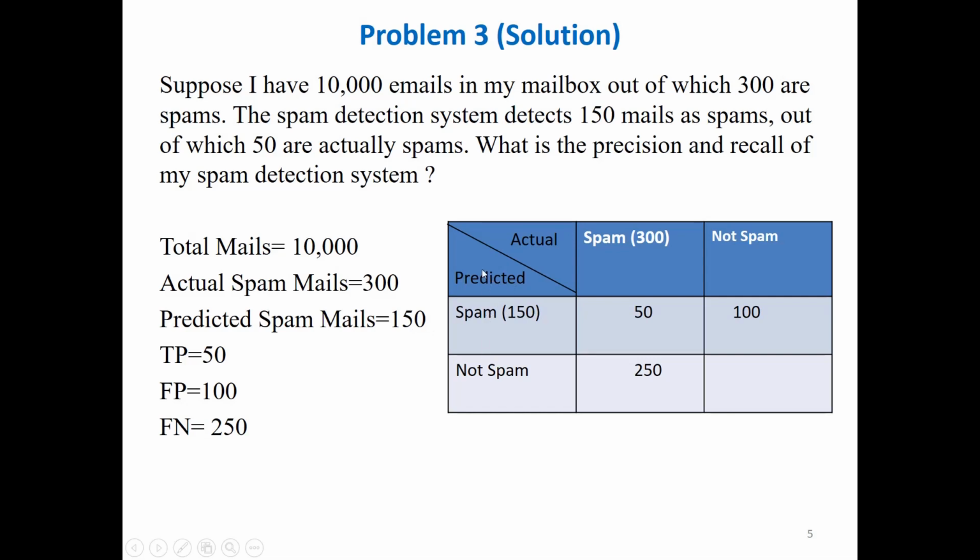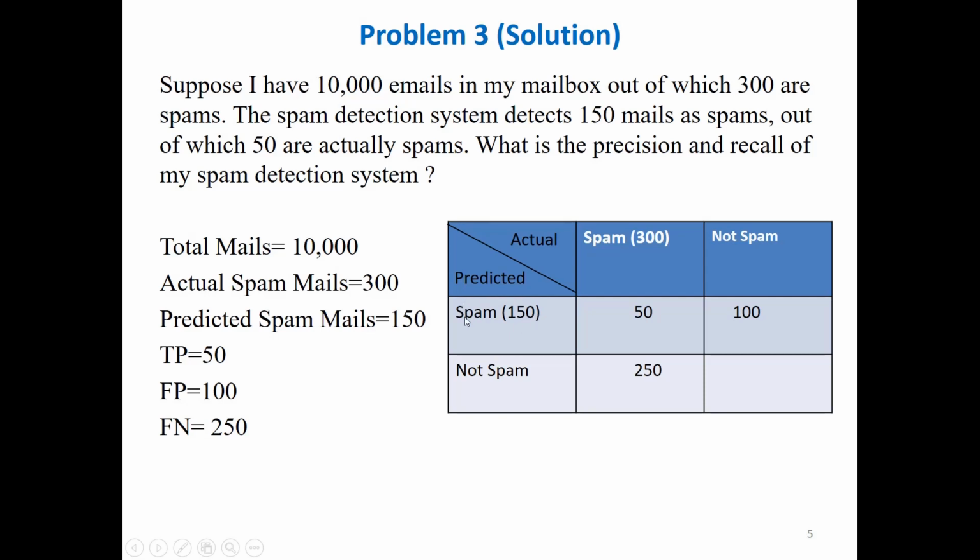So in this predicted gray colored column, we will write 150 as predicted spam mails and 100 are not spam. So this spam detection system is correctly predicting 50 as spam, and it is wrongly predicting 100 as not spam.